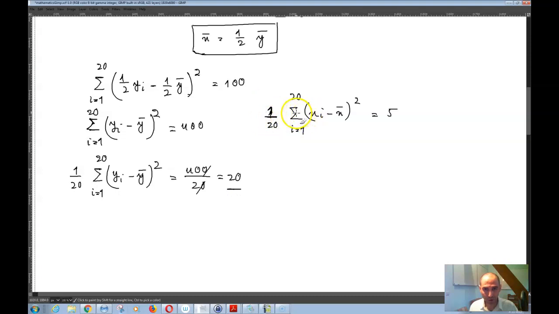And 1/20th times sigma of x of i minus x bar whole squared is equal to 5. That means this is 4 times. That means the new variance, let's call it sigma 2 squared, is equal to 4 times sigma 1 squared.